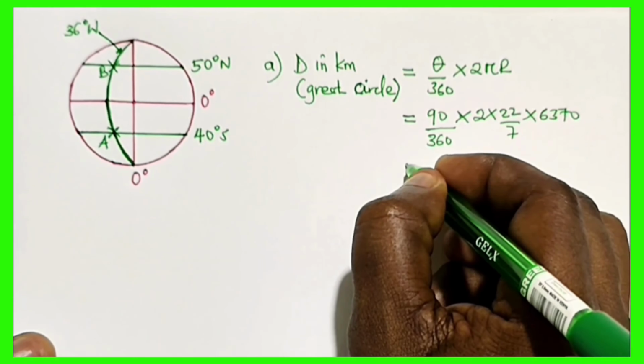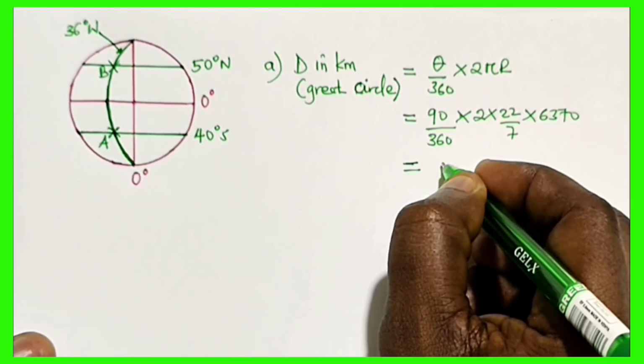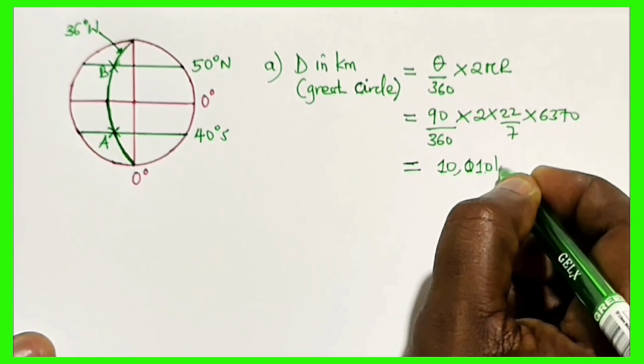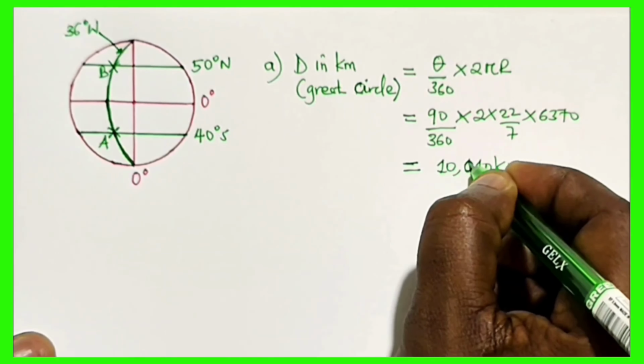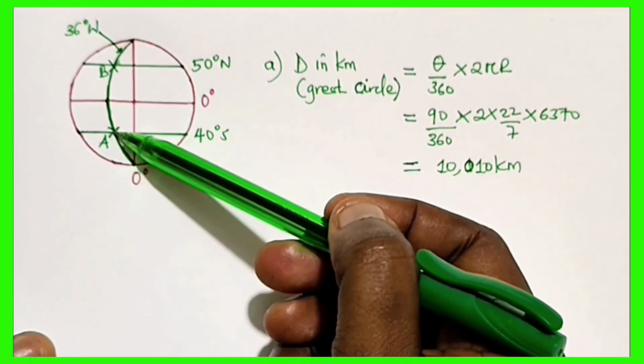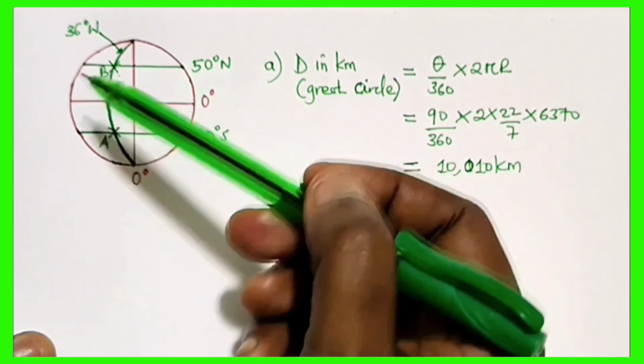So the solution we are going to get here is 10,010 kilometers. And that is the solution for the first part, the distance from airport A to airport B.